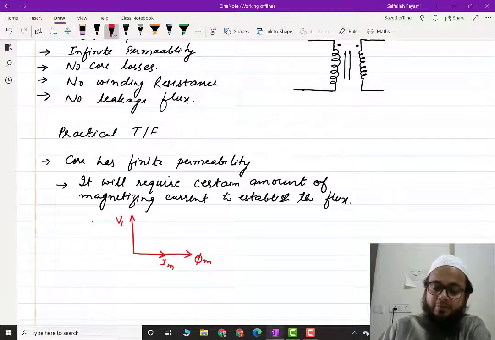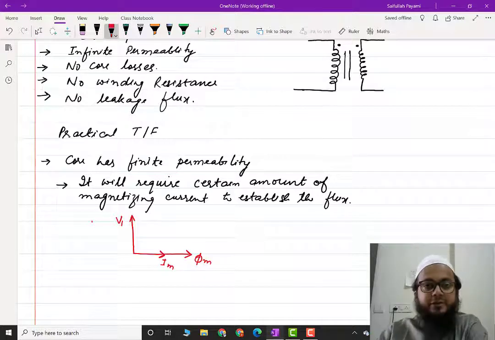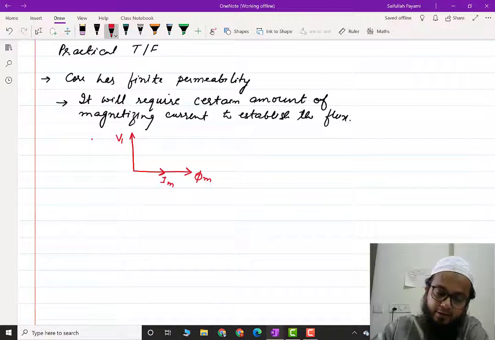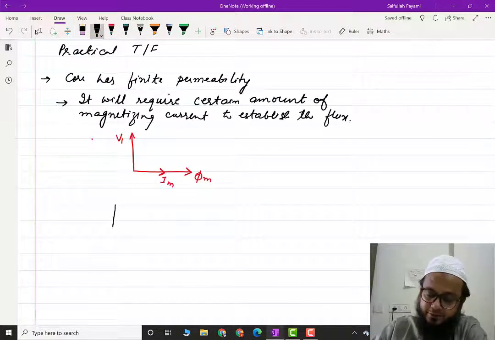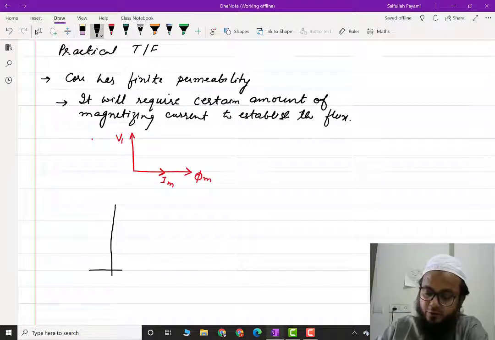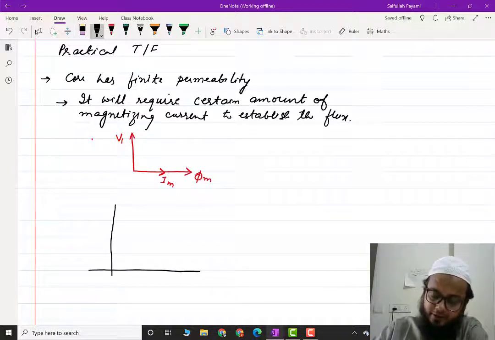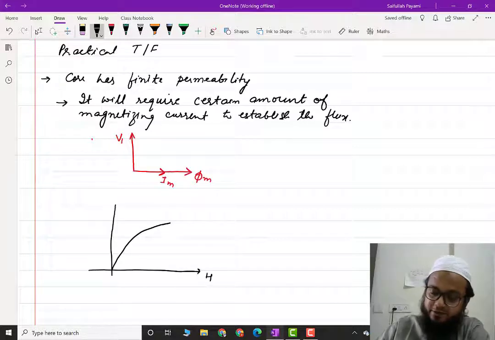Okay, so this Im in a practical transformer is not exactly sinusoidal. This is because we generally operate the transformer core at its knee point on the BH characteristic, where this is your H or the MMF and this is your B or phi.